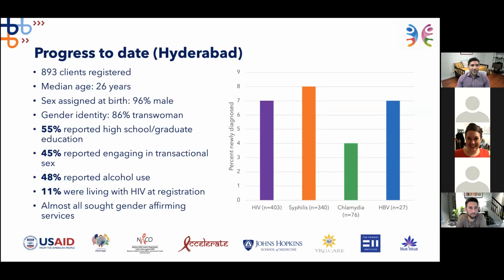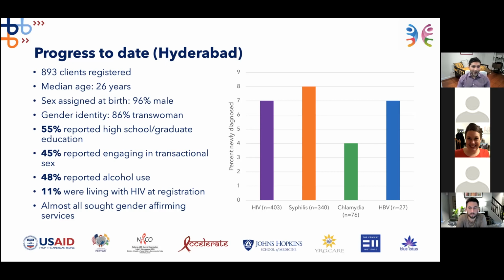So just to give you some quick numbers about the trans clinic in Hyderabad, the Mitra Clinic. We registered about 900 clients. The median age is about 86. Almost all of them were assigned male sex at birth, but about 86% of them identify as a trans woman. About a little over half have completed high school, and about 45% reported engaging in transactional sex.